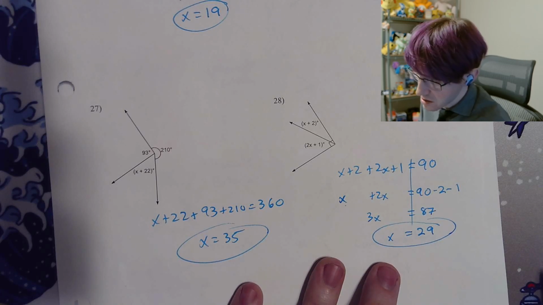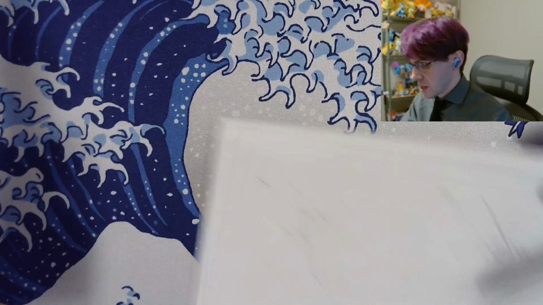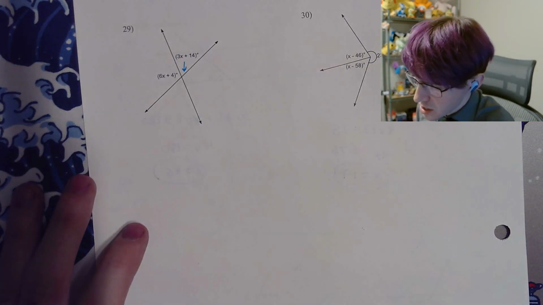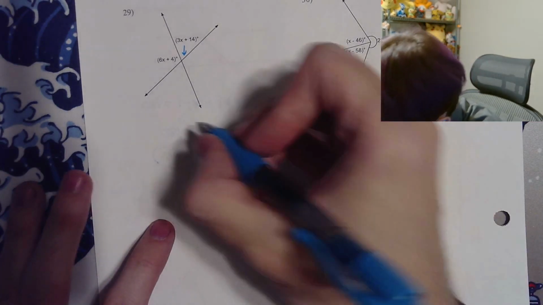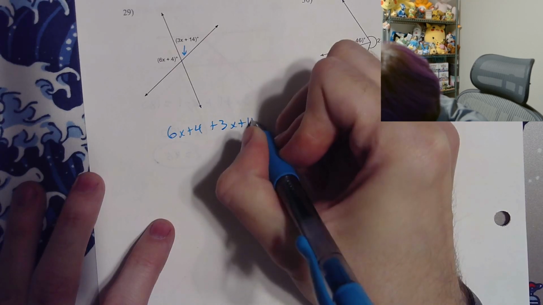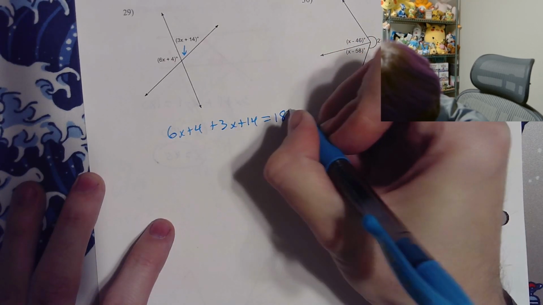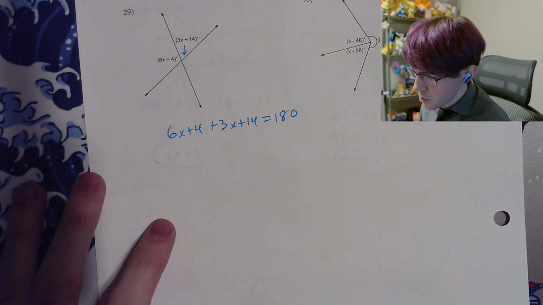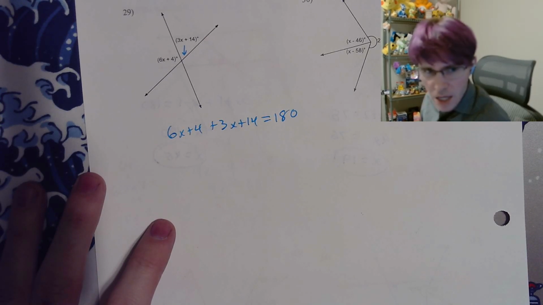Last two questions. Let's do it. So my last two questions here. These ones are going to be on a straight line, so that means they add to 180 for sure. 6x plus 4 plus 3x plus 14 is equal to 180 degrees. Some people don't like to do the movement right away. They like to add like terms first.